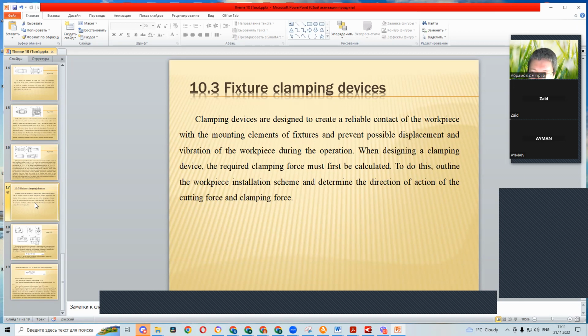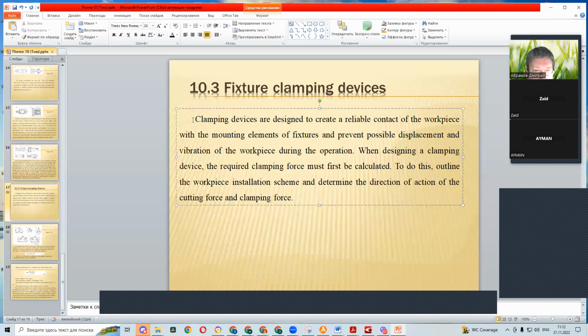When designing a clamping device, the required clamping force must first be calculated. To do this, outline the workpiece installation scheme and determine the direction of action of the cutting force and the clamping force.